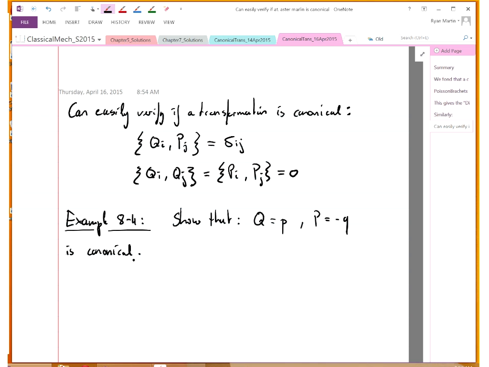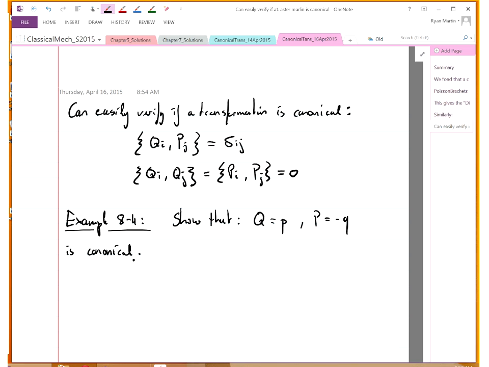Right, that was the generating function that had a sum in it. So we know that because using a generating function and applying the rules for a canonical transformation to get the transformation from the generating function, we guarantee that the transformation is canonical. We already showed that this is a canonical transformation.